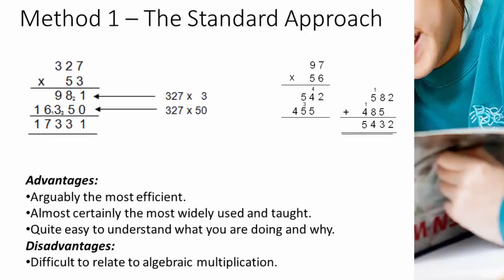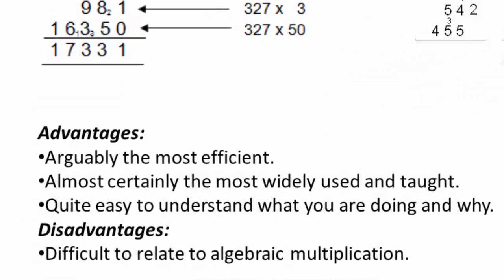Now let's talk about its advantages and disadvantages. It's arguably the most efficient out of the 3 methods I'm going to show you initially. It's almost certainly the most widely used and taught, in my opinion, in this country, and it's reasonably easy to understand what you're doing and why.